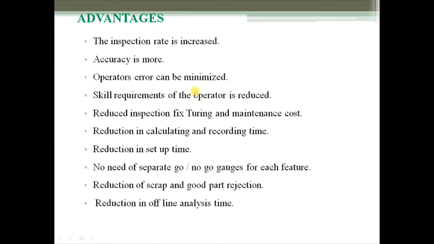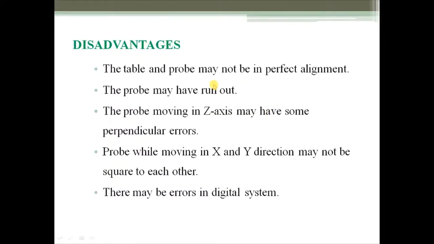Now let us see the disadvantages of CMM machine. The first disadvantage is that the table and probe may not be in perfect alignment. Second, the probe may have runout.